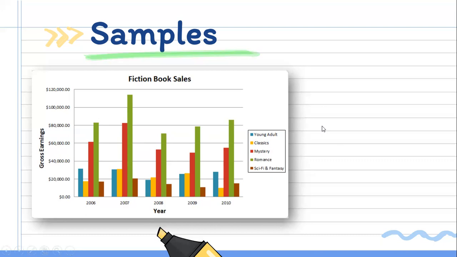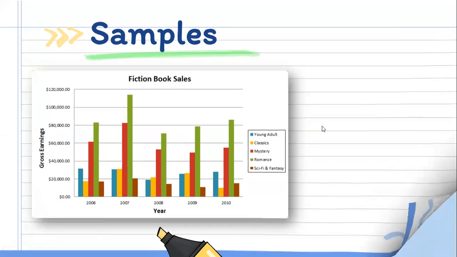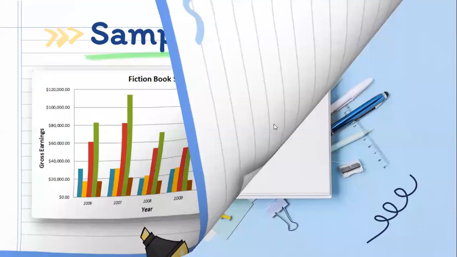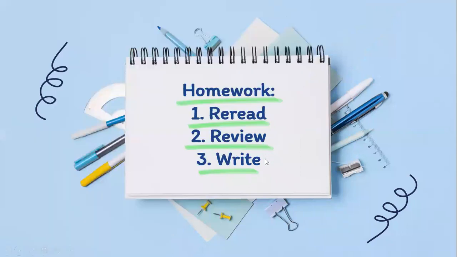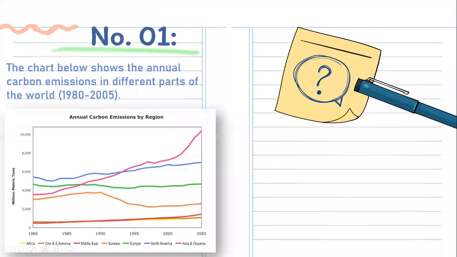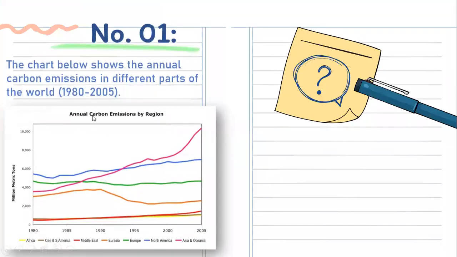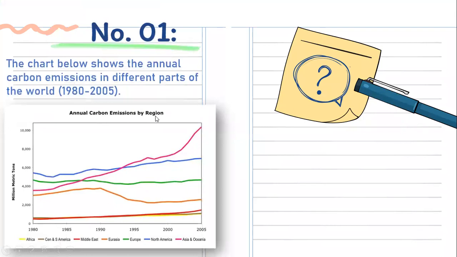So it is just an easy sample here. Homework for you is to read, review, and write. It is about my 3 homeworks. Number 1 is the annual carbon emissions by region around the world.